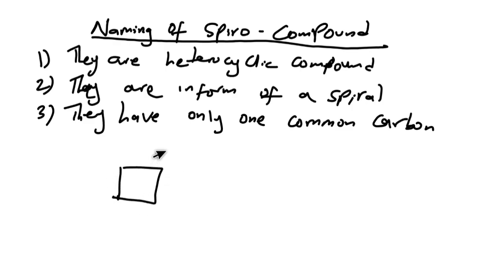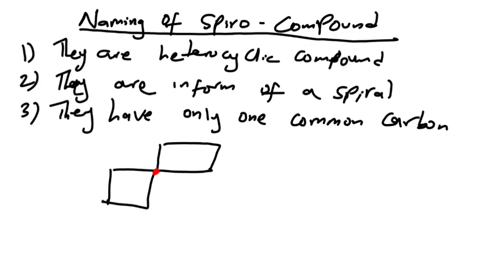You can find them like this. So now when you check this point, you can see that that is where they are joined together, and there is definitely a carbon at this point. That's why we say two cyclic compounds coming together to give us a spiral compound but joined as just one carbon. So they have just one common carbon.